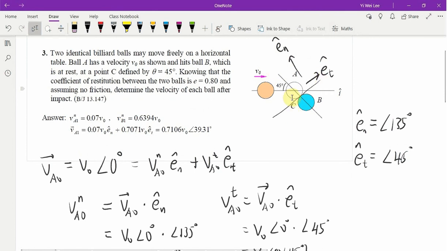If the momentum is conserved in the ET direction, it means that the velocity of A in the ET direction before collision is equal to the velocity of A in the ET direction after collision. I know it's a bit fuzzy here, but let me repeat.